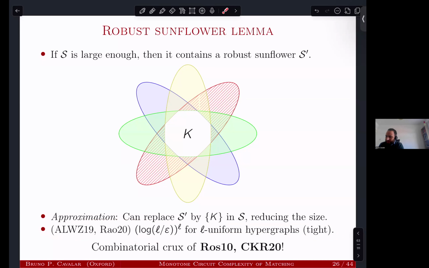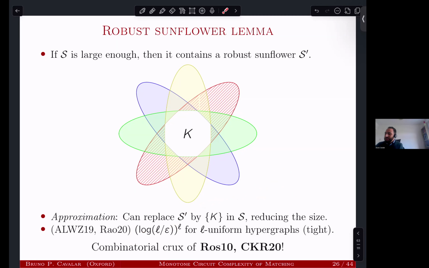So basically, there's going to be a 2 to the l inside this parenthesis here. And this harms a lot on the lower bound. This is basically what makes Razborov's lower bound quasi-polynomial. Yeah, okay, thanks.